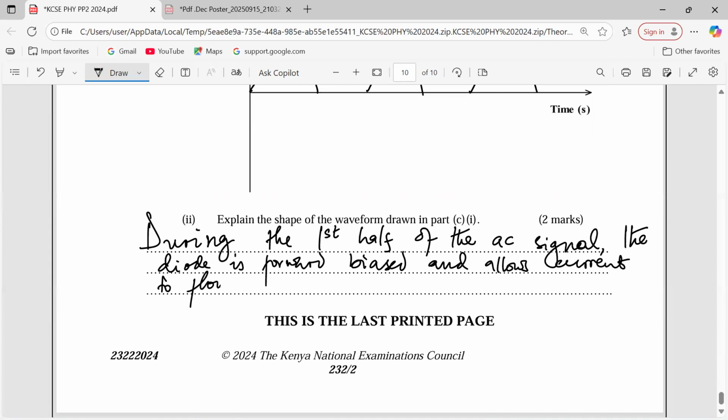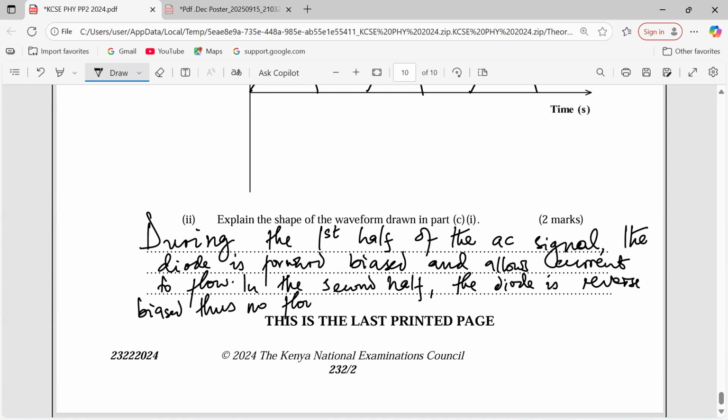In the second half, the diode is reverse biased, thus does not allow current to flow. Thus, no flow of current.